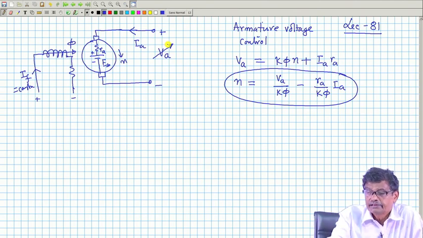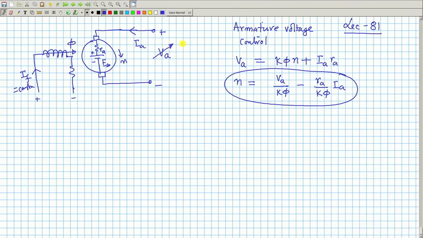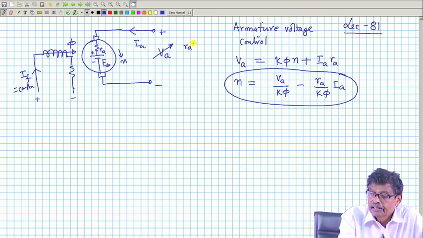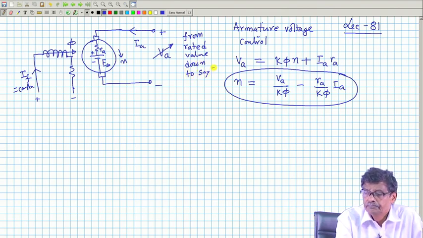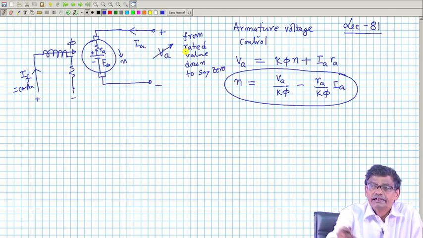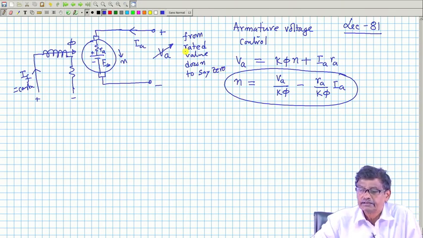So its highest limit is rated voltage. I will control this voltage V A from rated value down to say 0, like that, very small voltage. That will be the range of variation of V A.